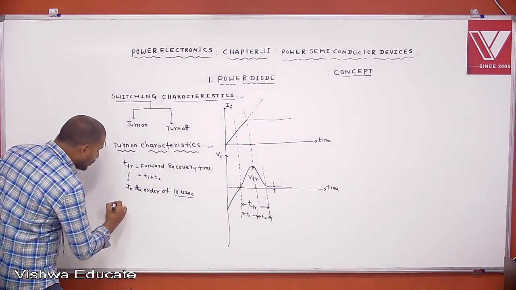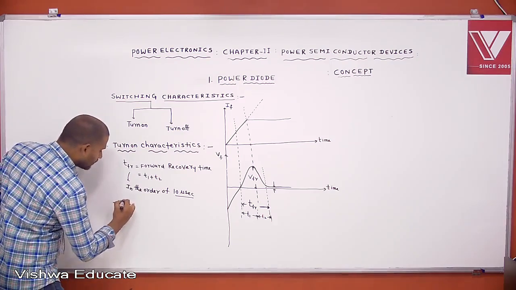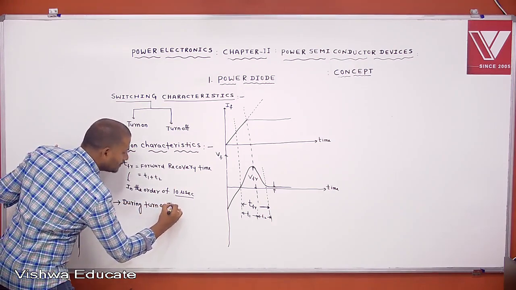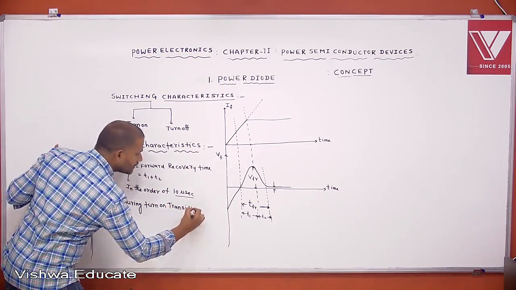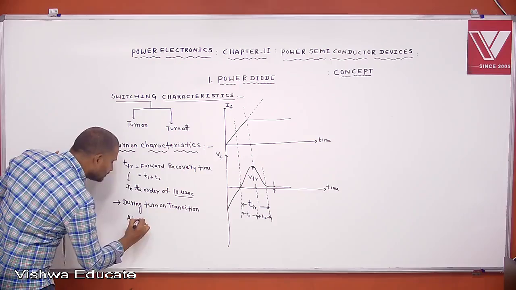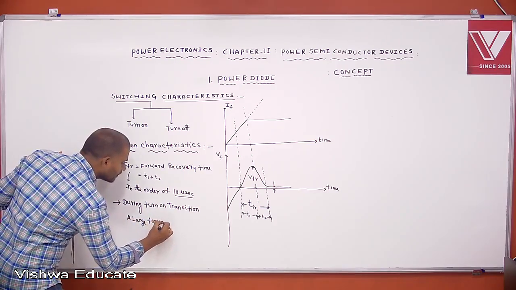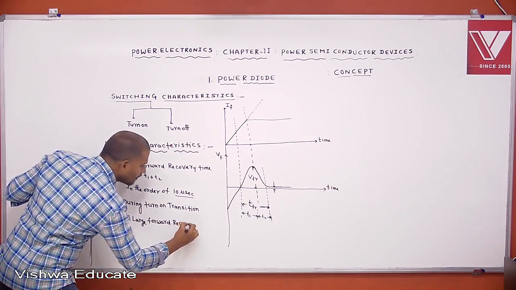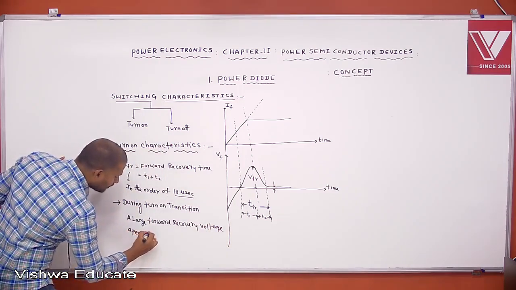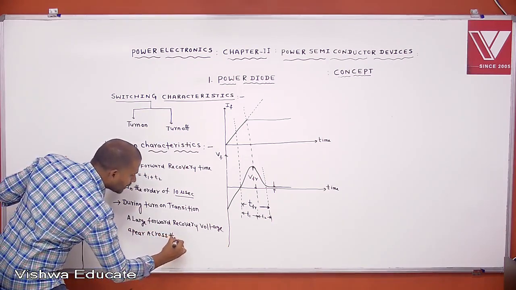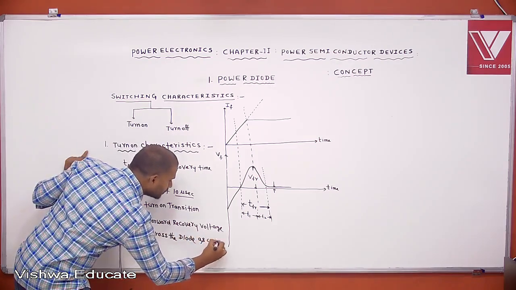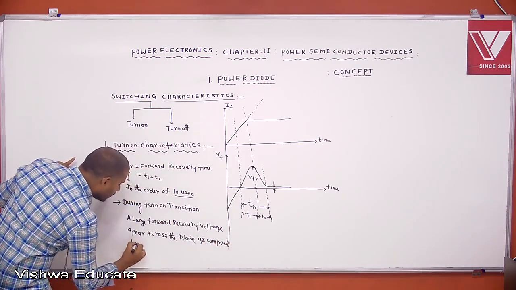That means during the turn on transition, a large forward recovery voltage appears across the diode as compared to the on state voltage drop.